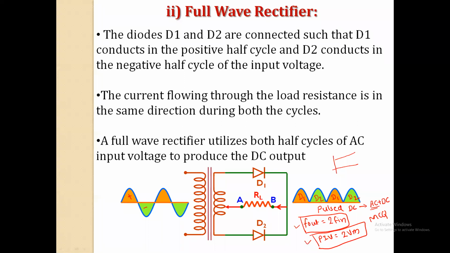Is it okay? Please take a screenshot of it. If you have any doubt related to the center tap full wave rectifier circuit, you can raise that doubt. Otherwise, I will proceed further to the next type of rectifier circuit.